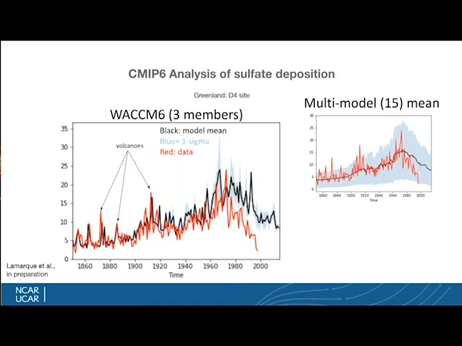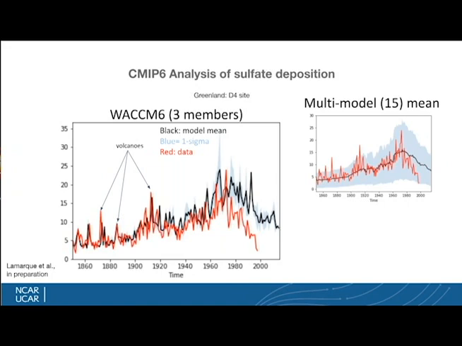Interestingly here, the multi-model mean, the black line, and standard deviation here, which is over much more than 3 ensemble members, I think it's probably about 100 different simulations in here, is actually very similar to what I'm seeing in the WACCM results, while a lot of the CMIP6 models do not put the volcanic emissions as SO2 emissions, so they would not be captured in this.